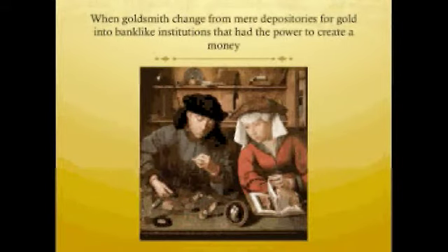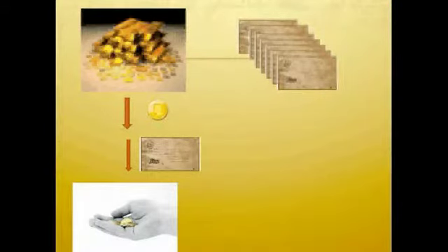Let's see how goldsmiths lend the gold. Suppose the goldsmith has 100 ounces of gold on deposit and has issued receipts for exactly 100 ounces of gold to the various people who deposited the gold. Sometimes, the goldsmith tried to lend the gold to someone who wanted to borrow. The goldsmith lent 20 ounces of gold, and the borrower doesn't want the gold itself. Rather, he wants a slip of paper that represents 20 ounces of gold.